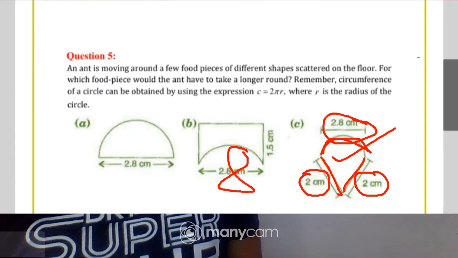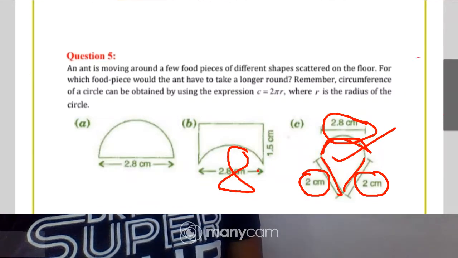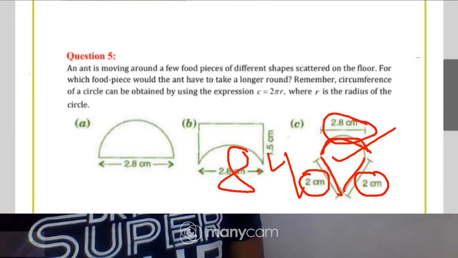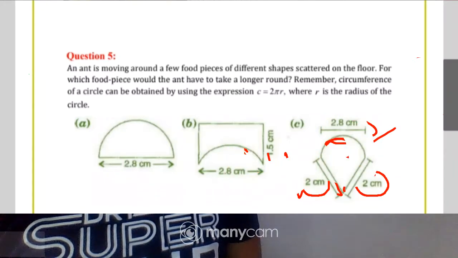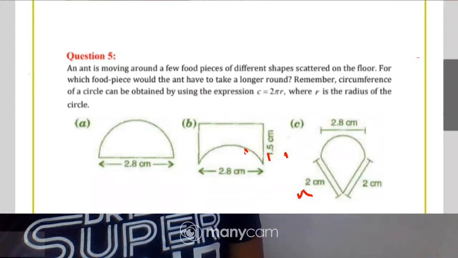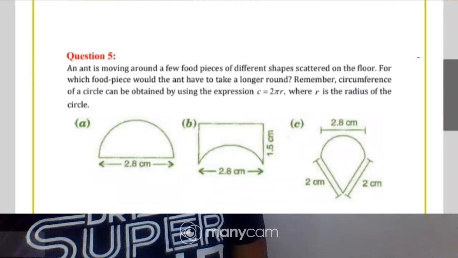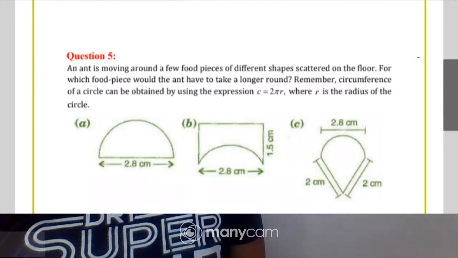Let's see how to solve it. The total distance covered by the ant is 2 plus 2 plus 4.4, which is 8.4 centimeters. So let's see how to solve this question.